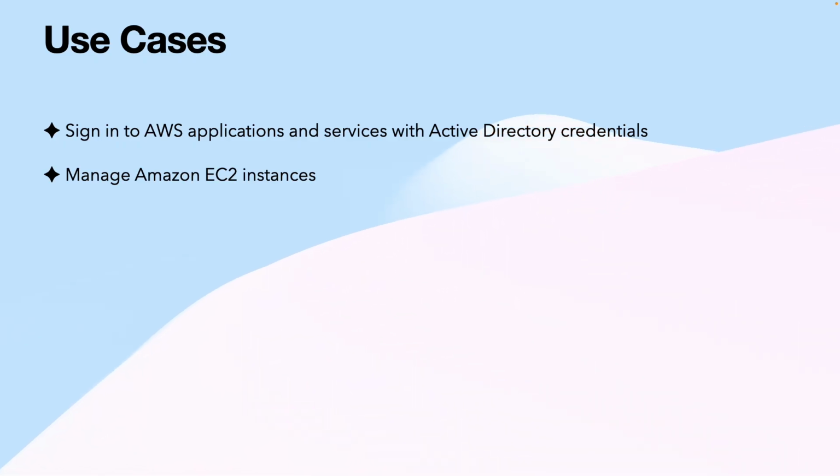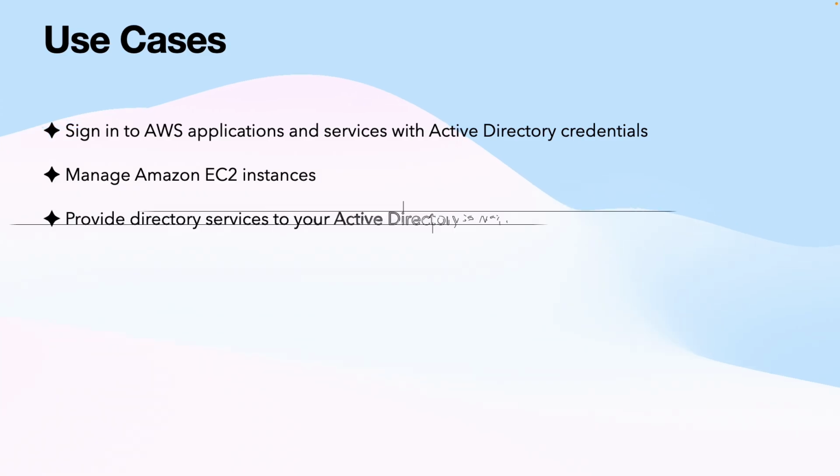This eliminates the need to use individual instance credentials or distribute private key files. This makes it easier for you to instantly grant or revoke access to users by using Active Directory user administration tools you already use.